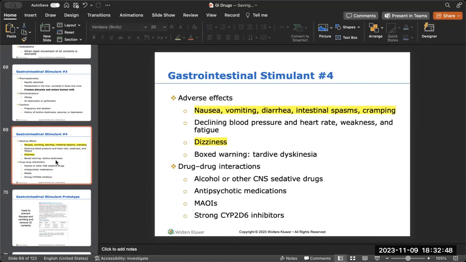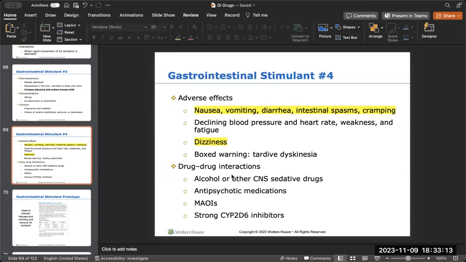Adverse effects, once again, GI problems and CNS. The CNS part of it is because, in order to control nausea and vomiting, they have receptors in the brain. The brain is where we have those nausea and vomiting receptors. So that's why we get a CNS effect like dizziness, okay?